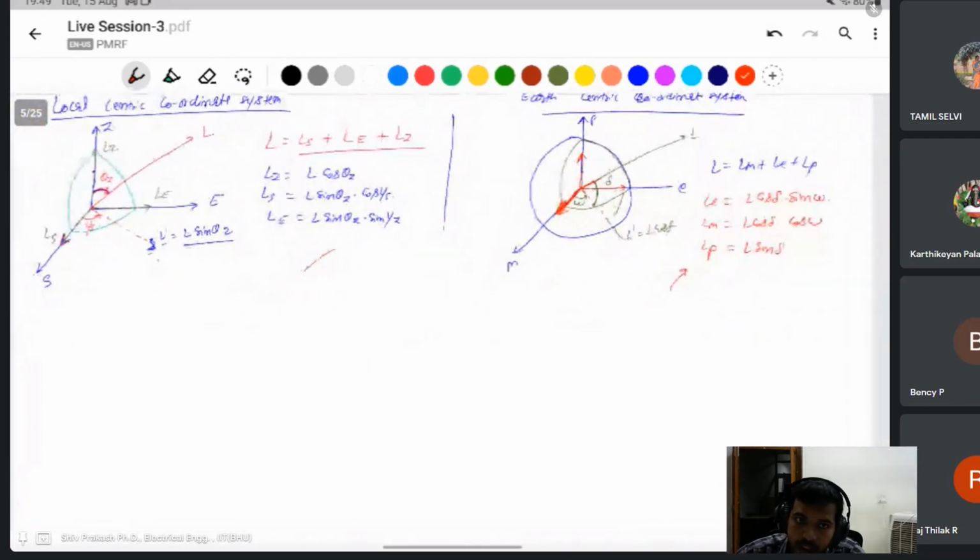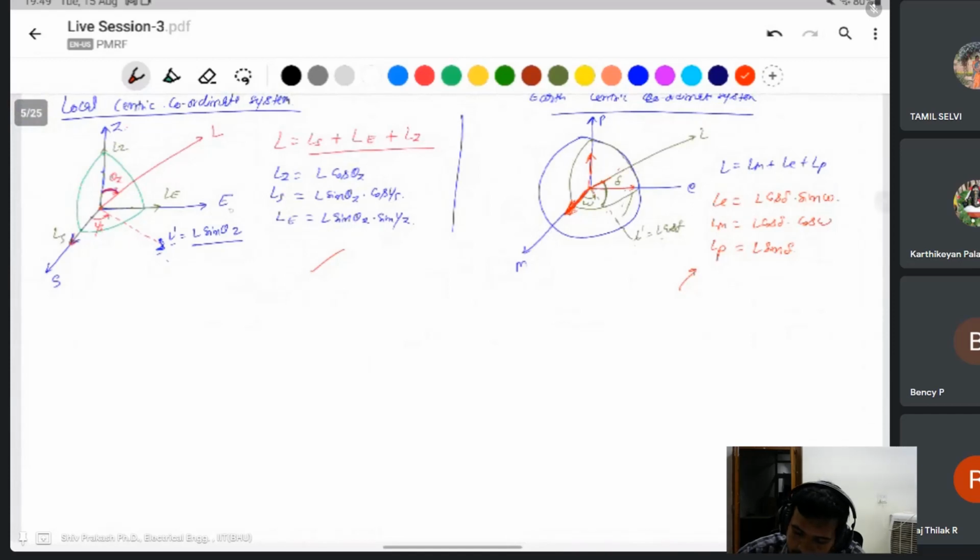You can see here the small e and capital E are both at the same point, because both denote the east.